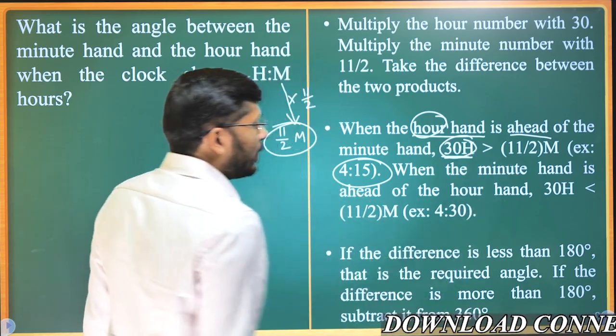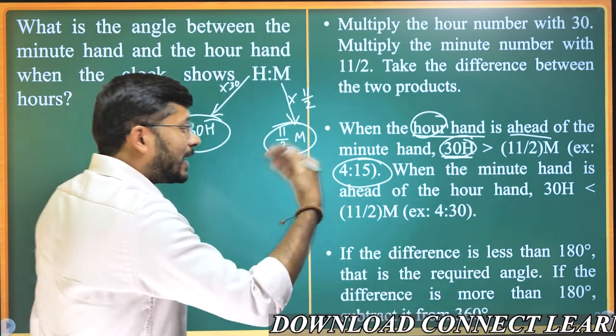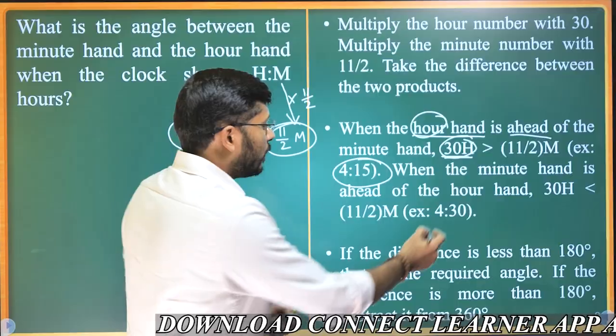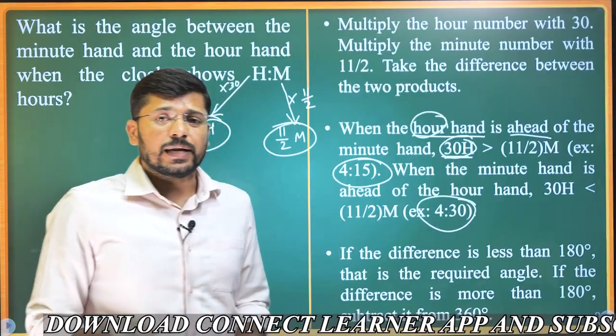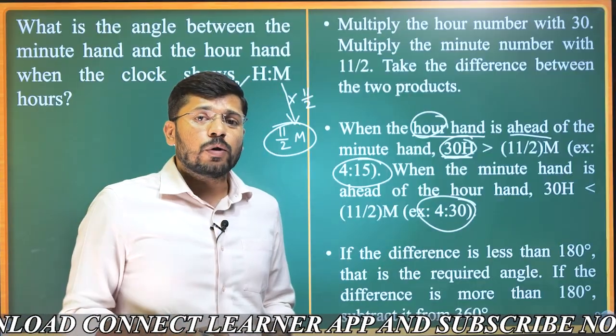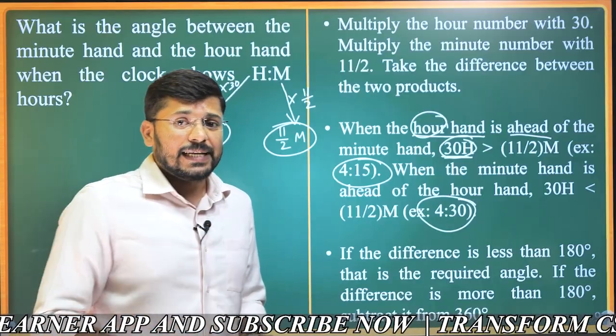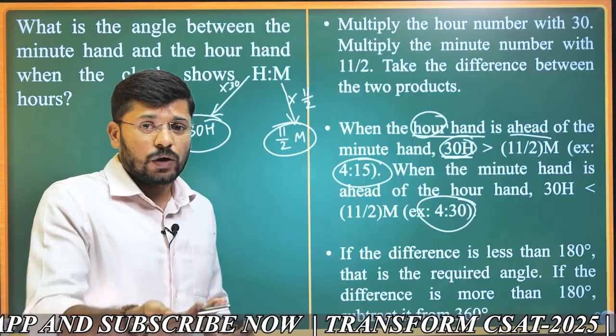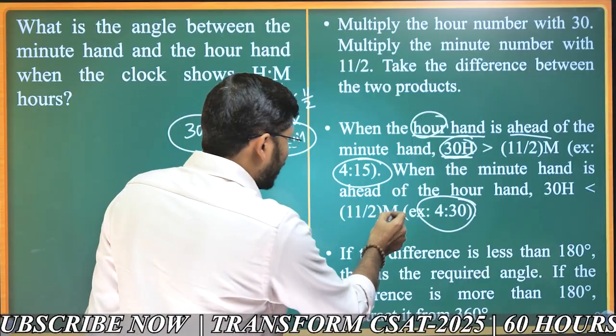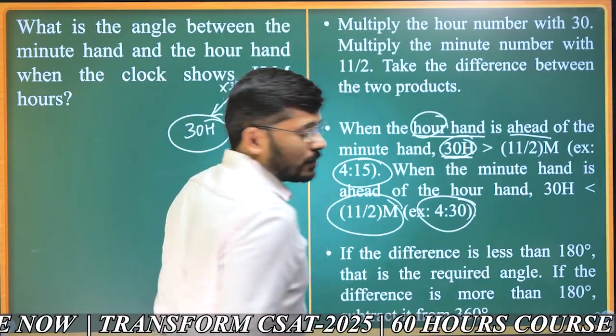So 30H will be greater than 11/2 M. And when the minute hand is ahead of the hour hand, for example, 4:30. When the time is 4:30, hour hand will be pointing a little further than 4, and minute hand will be pointing at 6. So minute hand is actually ahead of hour hand. So at that time, 11/2 M will be greater than 30H.